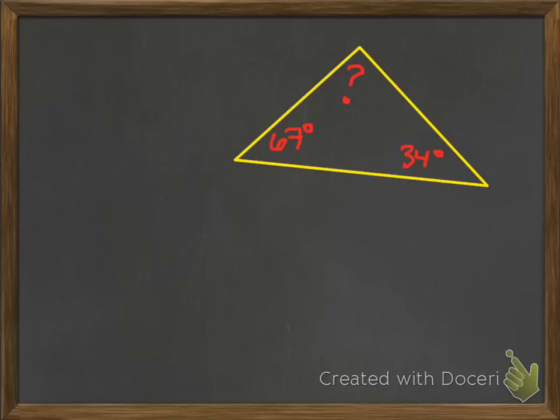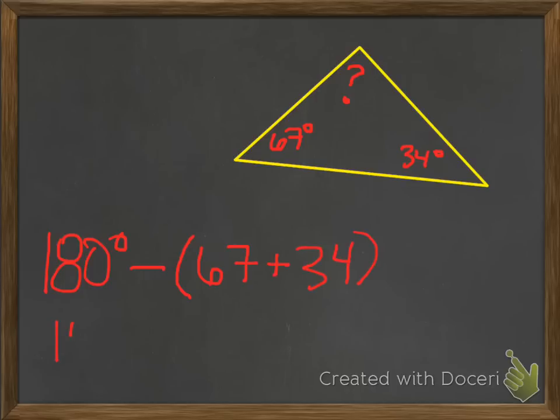Alright, so you should have done exactly like last time. We know that the total triangle is 180 degrees, and from that, we're going to subtract the sum of those two angles, so 67 plus 34.